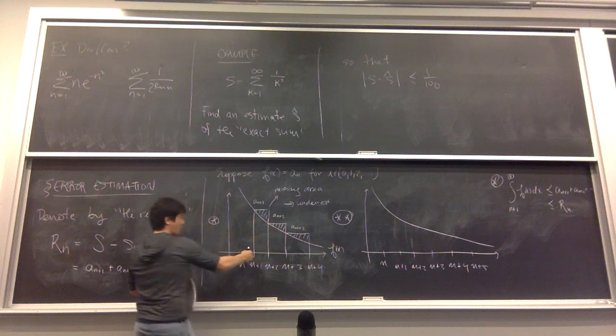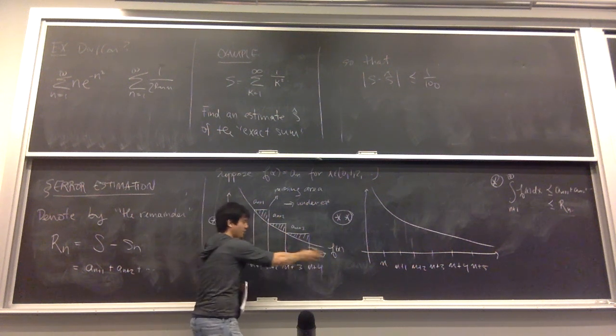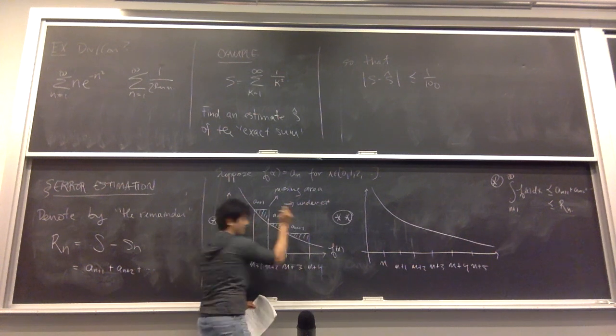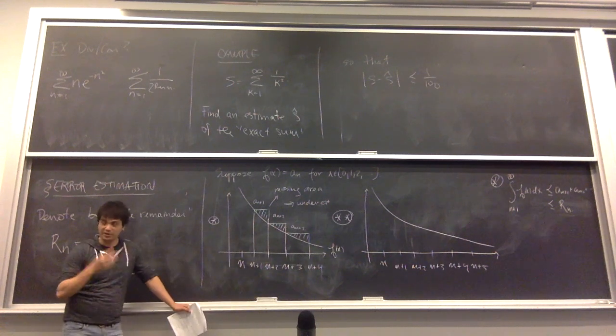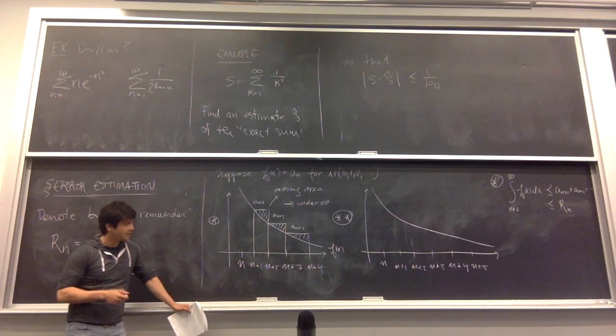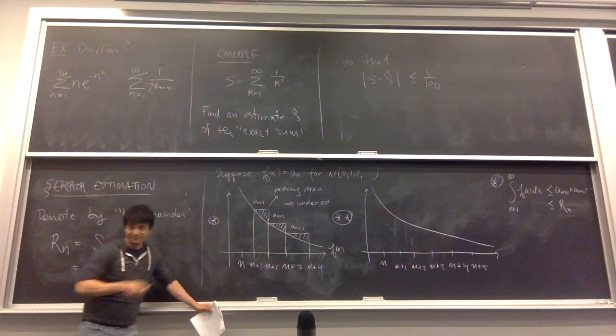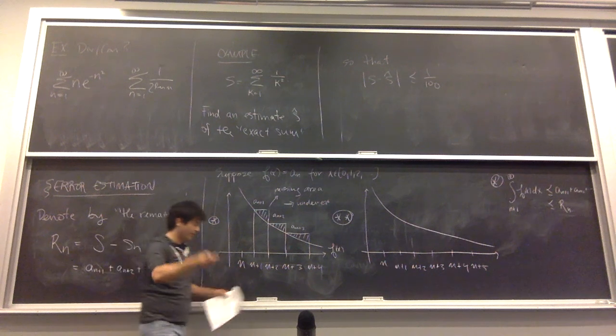Right, so this is where our remainder starts. We can take an integral and figure out how much we've missed in terms of the remainder, the stuff that we didn't bother adding. This is going to say how much we're off by, in the upper case.